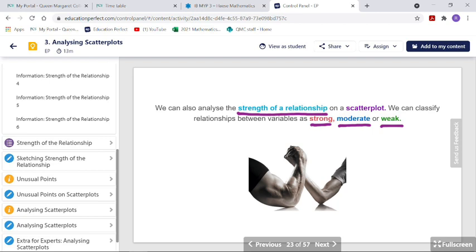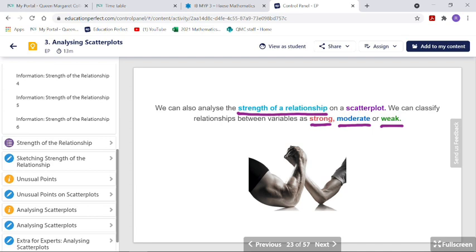Right? So you could, but you need to be able to justify it. Yeah? So we tend to try to stay with strong, moderate, or weak, but we could combine them if we're not quite sure. Just use them both. Yeah? And it's perfectly fine as long as it looks about right.